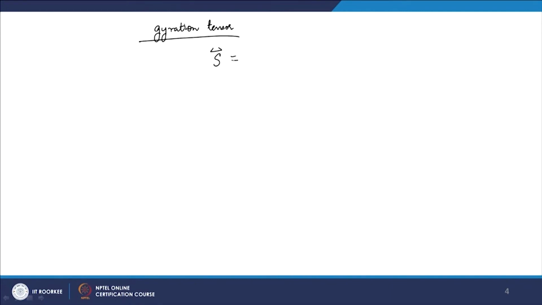So, we can define a gyration tensor as some tensor S which has components alpha beta given as 1 by m, sum over i equal to 1 to m. So, when I was doing the Rg squared, I took a square of Ri minus Rcm.